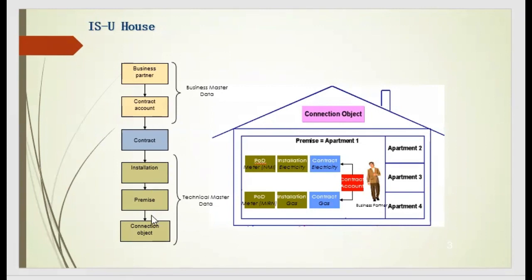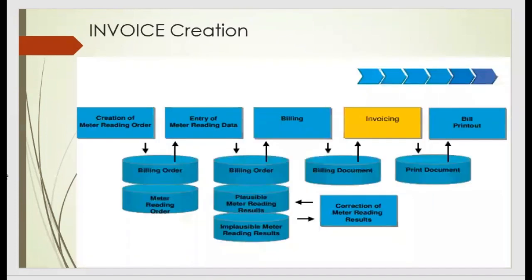Once this master data is created and we have the contract, we have the process of invoicing. To create an invoice, we need an MRU, which we allocate at the installation level, and the MRU is linked to a schedule. Scheduling is the duration for the periodic billing for which we generate the orders.